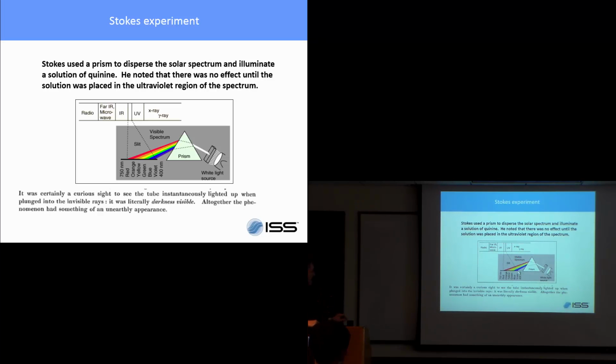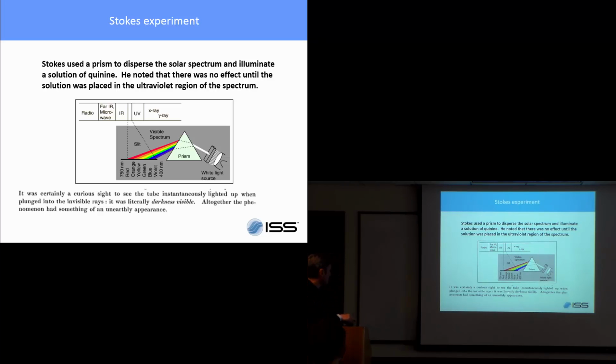And what he discovered was that when he had this solution with quinine sulfate and was placing it at the far end of the spectrum, nothing would happen. But as he moved the solution towards the violet, ultraviolet, suddenly the solution became colored, giving a bluish type of color.